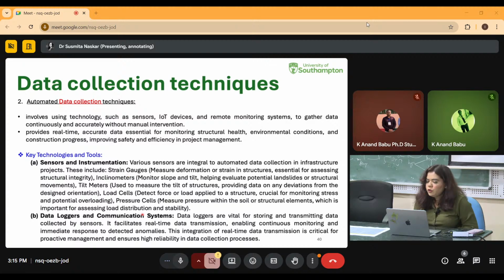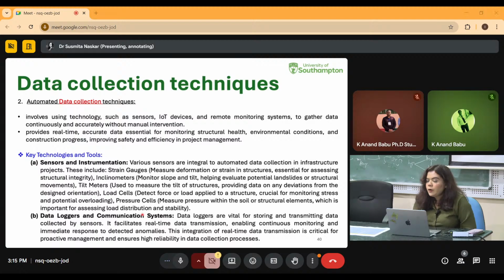So you collect the data in real time and immediately transmit it, allowing continuous monitoring and immediate responses to anomalies, right? This integration is vital for proactive management, as we are discussing, and ensures very high reliability during data collection. So that's one of the tools we use when we move from manual to automated data collection.